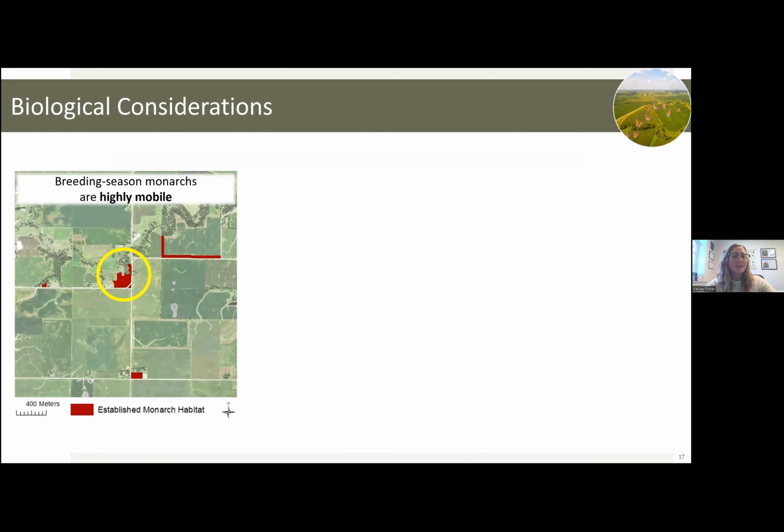So hypothetically, let's say your property is the one that I have circled here in yellow, and you have beautiful milkweed and nectar resources for all the monarch butterflies. We know that the butterflies are going to leave that property, but we know also that wherever there's red in this map, there's beautiful milkweed and nectar resources and wonderful things for monarch butterflies.